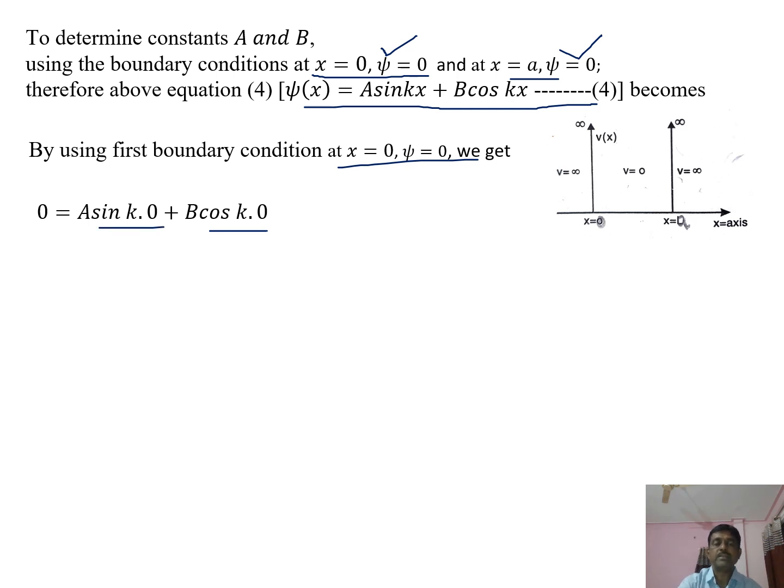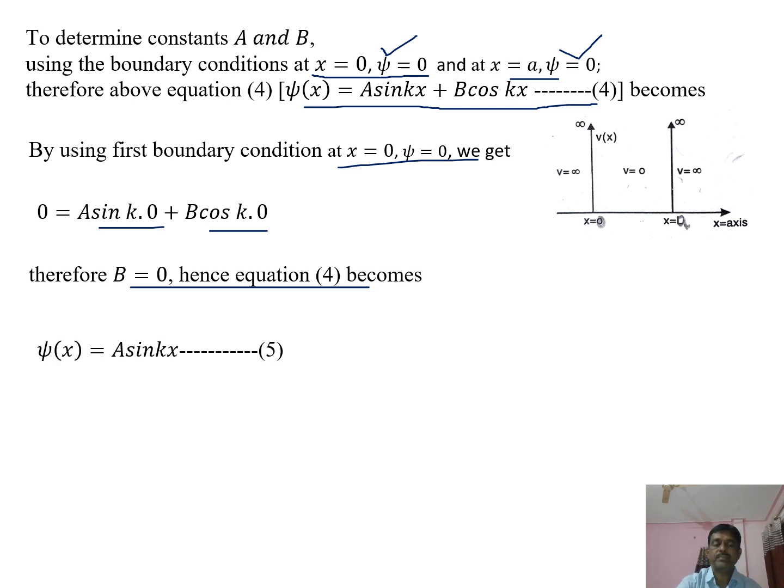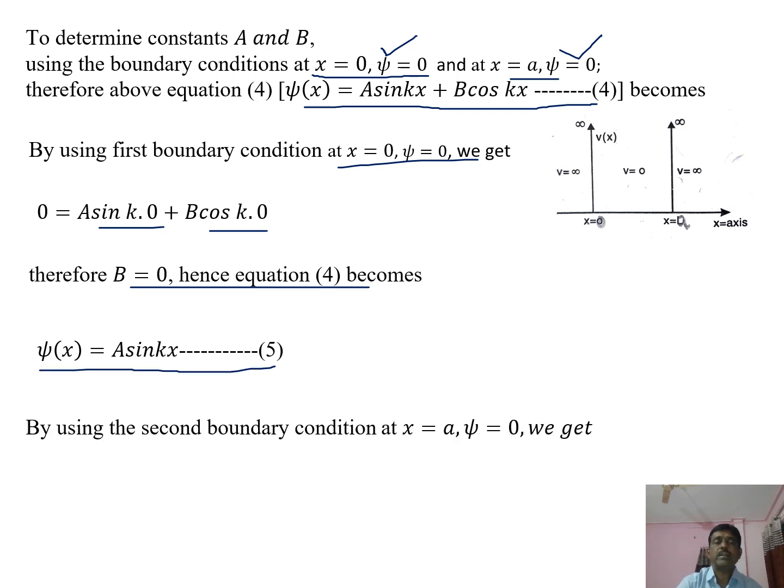Therefore, from this equation, we get B is equal to 0. Therefore, equation 4 becomes psi is equal to A sin kx, equation number 5.